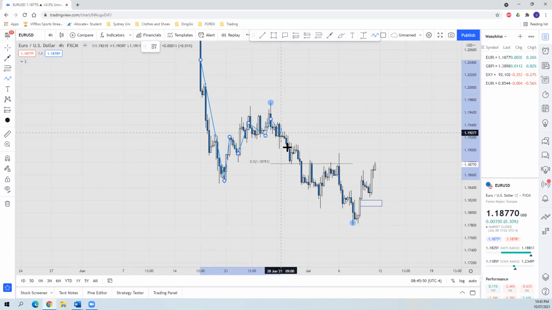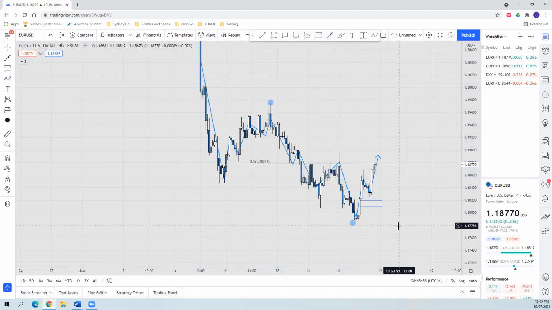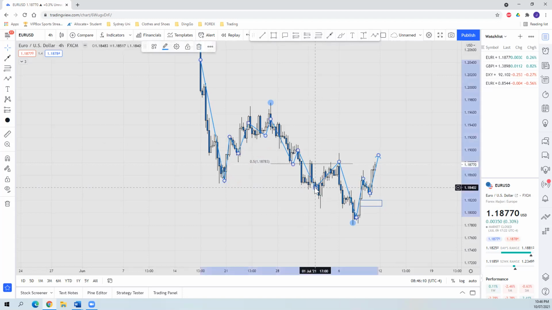Now if you take this, this is just a corrective move. You see how corrective that is? Because the momentum is to the downside, and this is excess liquidity, trend line liquidity, and it will come back down like this for sure. I think that answered your question.